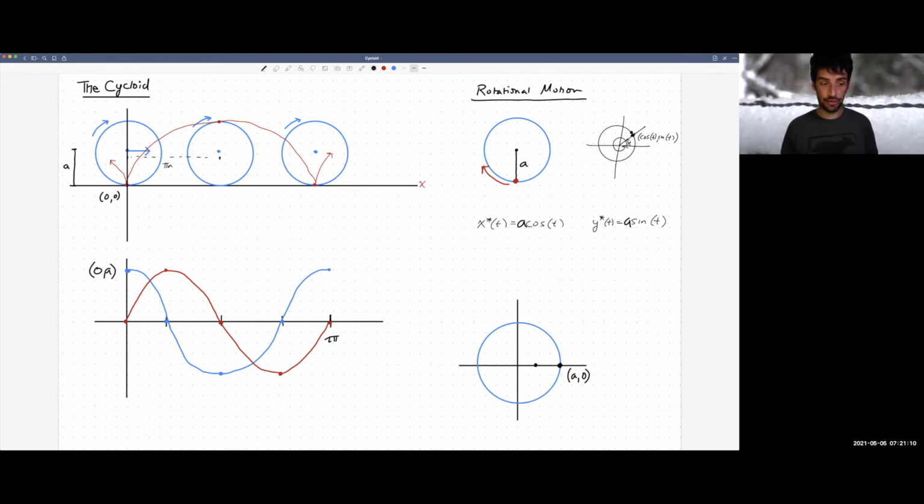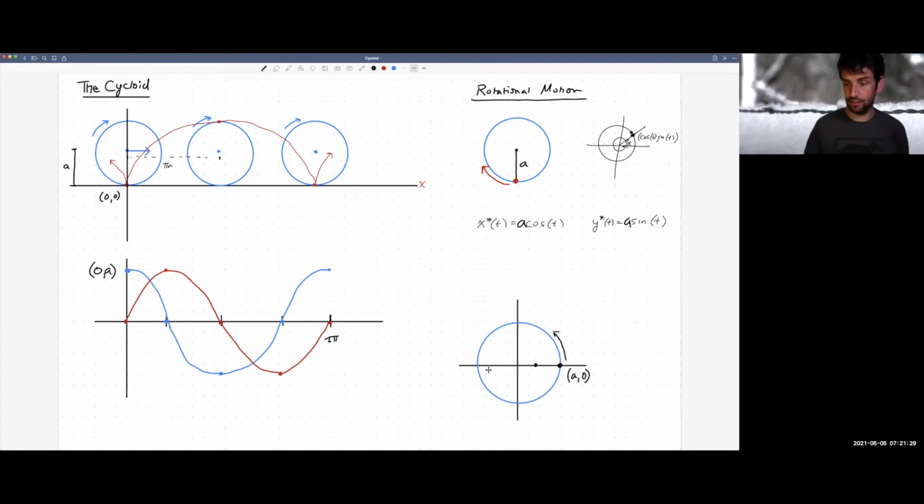As t increases, what happens? Our x coordinate, the blue line, starts to decrease, so it's going to move leftward, while the red line increases. Increasing and moving left means we're going around the circle like this. I'm not going to completely review the trig stuff, but that should give you a little hint of what's happening.